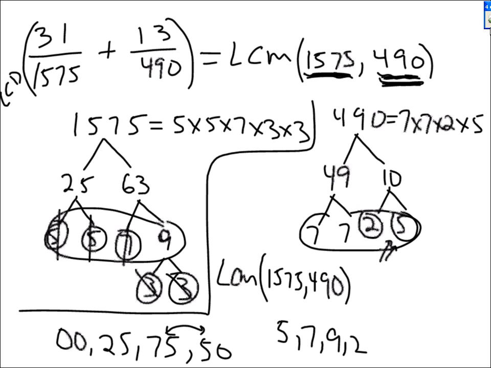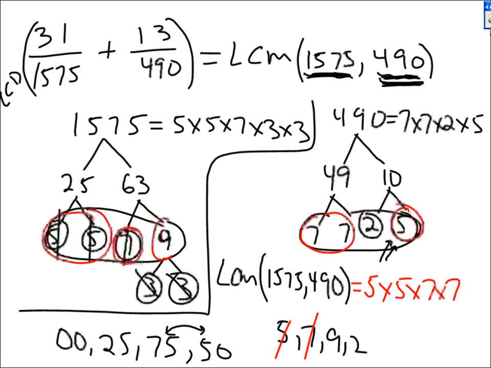How many 7s? Well, on the left, we have 2 5s, and over here on the right, we have 1 5. So the 2 5s win. 7s: we have 1 7 here, 2 7s here. The 2 7s win. The 3s: I have 2 3s here and none to the right. So the 2 3s win.